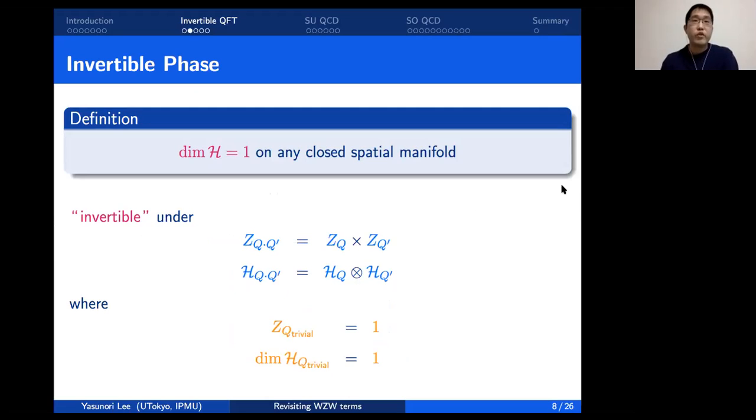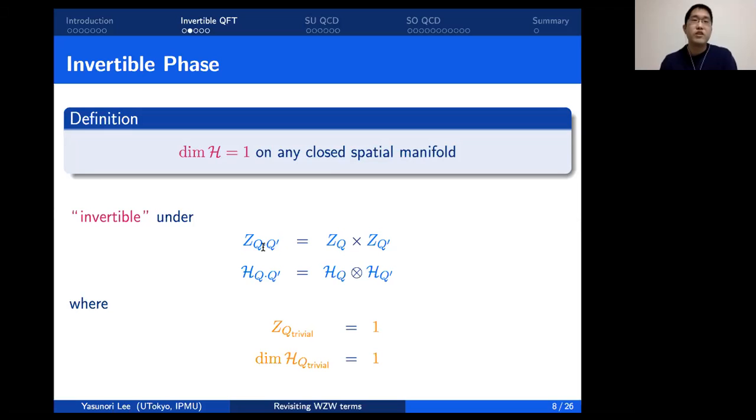The other notion we want to introduce is an invertible phase or invertible QFT. It is simply defined to be a QFT having a one-dimensional Hilbert space on any closed spatial slice. One might think that such a QFT is trivial, but actually that's not the case. There can be non-trivial QFTs having non-trivial partition functions. These QFTs are invertible in the following sense.